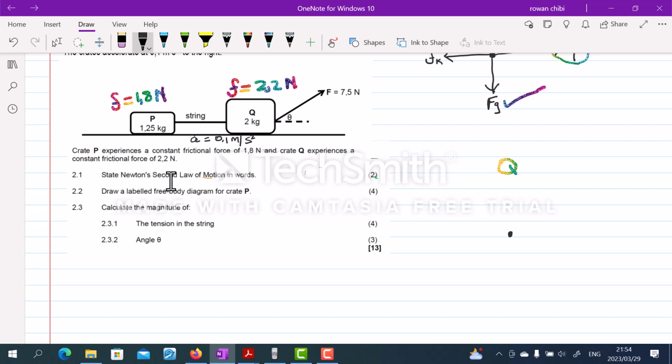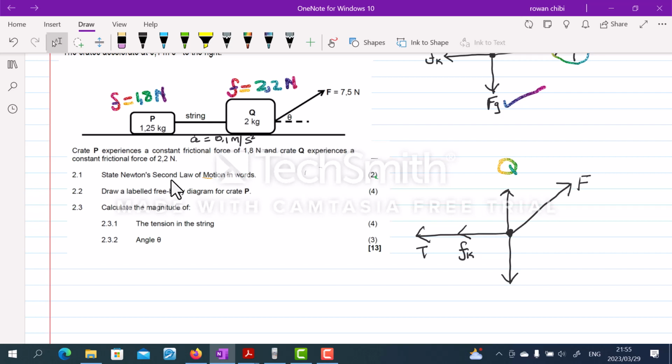So for crate Q, towards the left, there are 2 forces: there is a tension and there is a frictional force. So there is a tension, there is a kinetic frictional force, and then you have the diagonal applied force, so I'll call it F, and then you have the weight, and then you have the normal force.